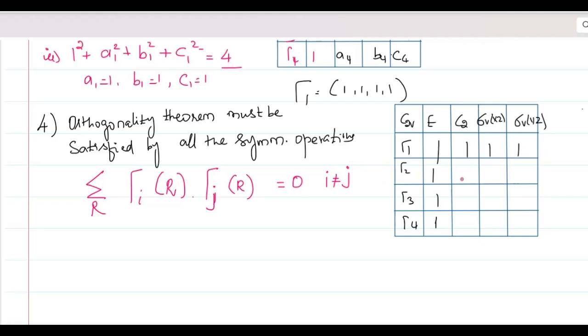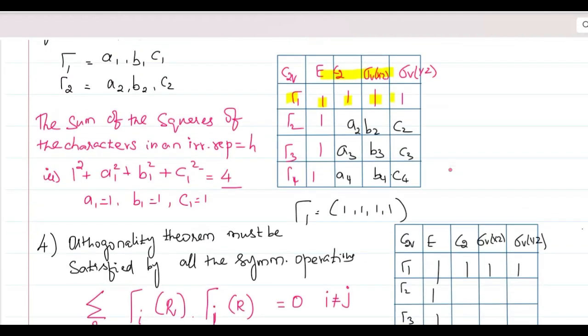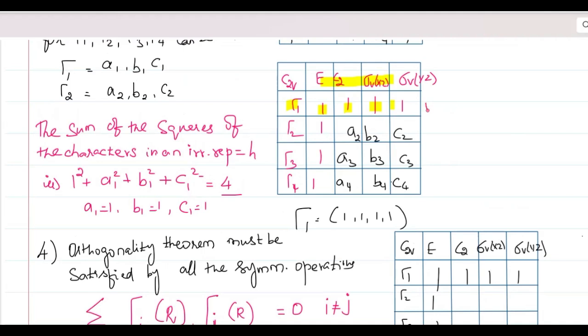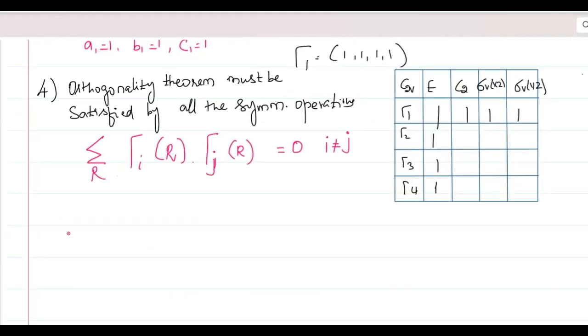So in that case, I am going to consider irreducible representation 1 and irreducible representation 2. For this, what do I get? Irreducible representation 1 value is this one, and what about the second irreducible representation?